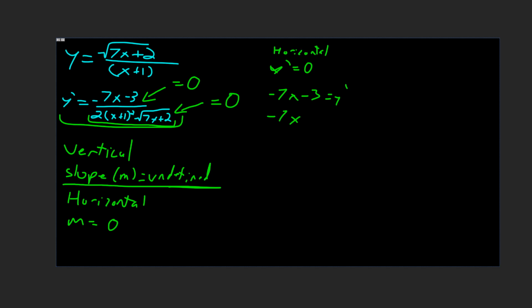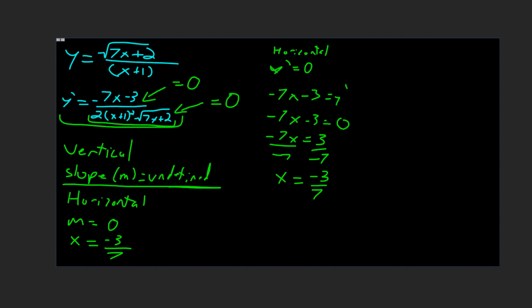So just 7x minus 3 is equal to 0. It's 7x equals 3, negative 7x, of course. And then you just divide by negative 7. You get x is equal to negative 3 over 7. So you know the horizontal line is when x is equal to 3 over 7.